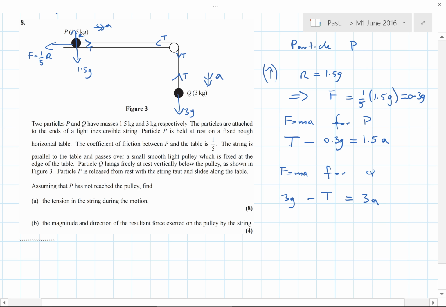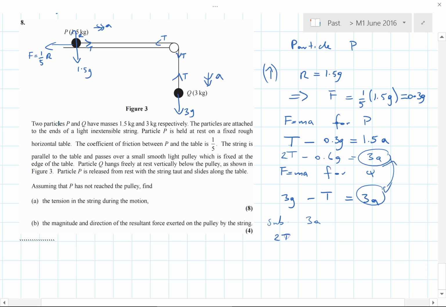So we're asked for the tension in the string here. Often with these questions we're asked for the acceleration and the tension. So it might be just as well to double the top one above. We've got 2T minus 0.6g is equal to 3a, and then we can equate these two. So we can sub for 3a, because we don't need a here, but really we don't need to worry about how we do this.